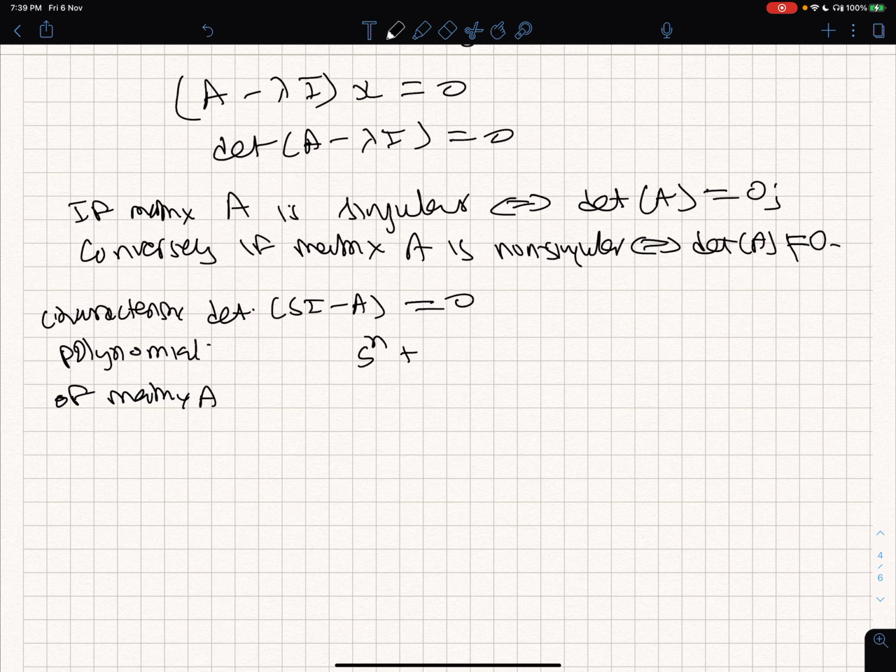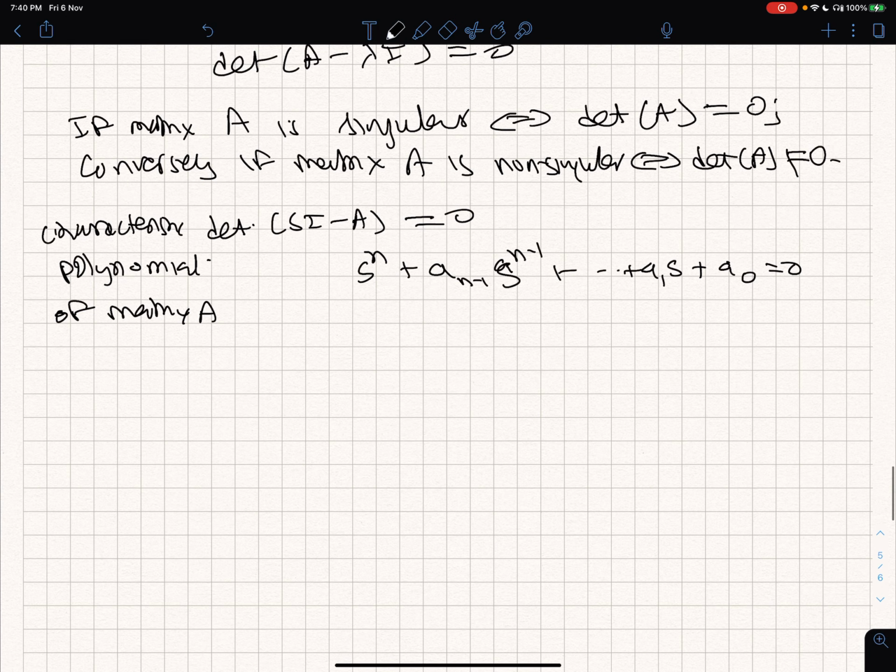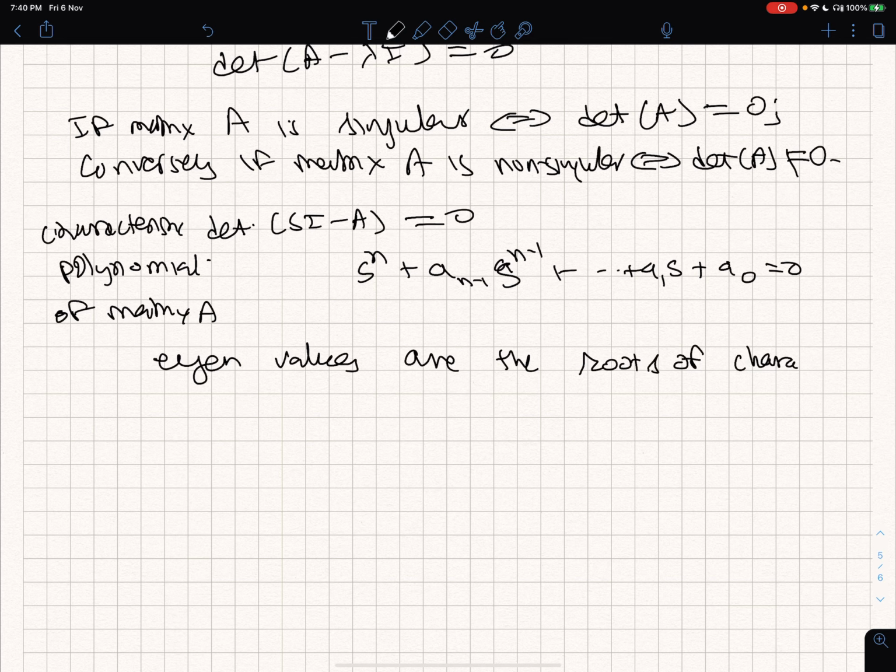and it is a polynomial. If you expand it, it's a polynomial of nth degree, and hence eigenvalues are the roots of this characteristic polynomial.